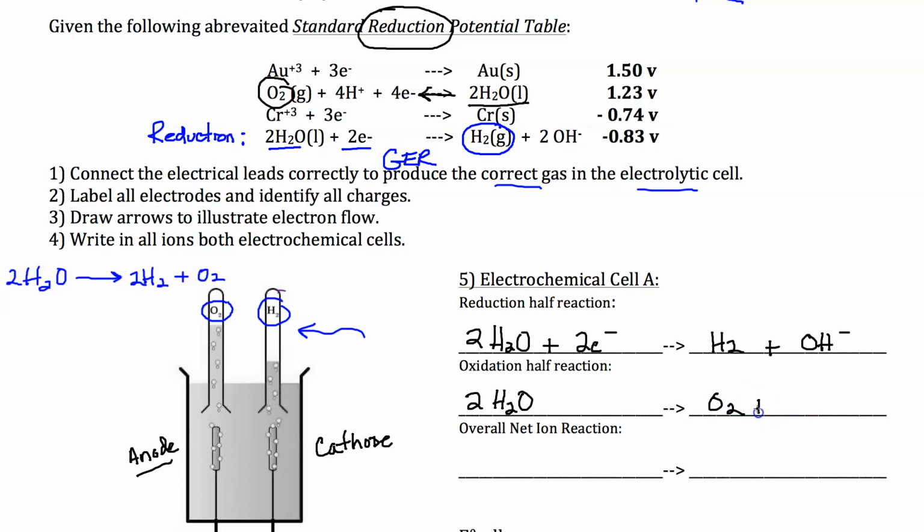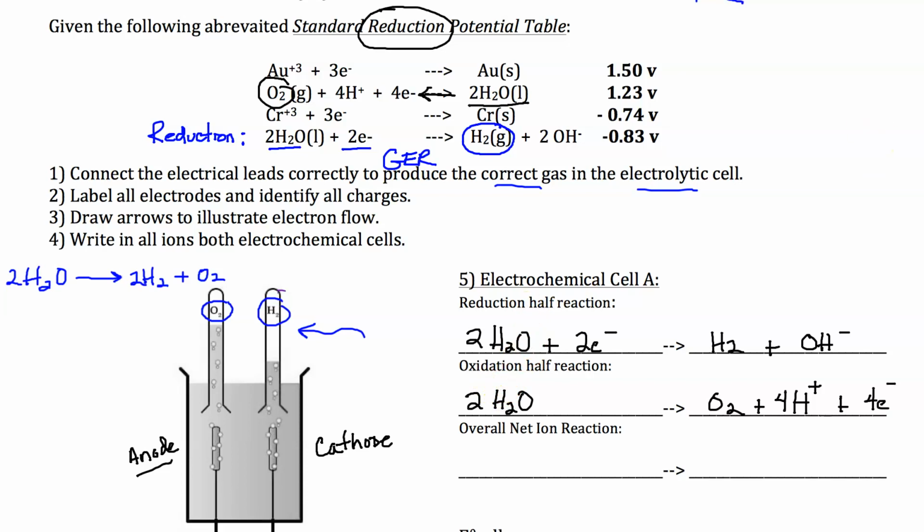It's going to be plus 4 protons, 4 H pluses. Each H plus is a proton. Hydrogen without an electron is a single proton because it has no neutrons. And then 4 electrons are given up. And don't get crazy, water is on the same side of the reaction. Now why? Because it's both getting oxidized and reduced.